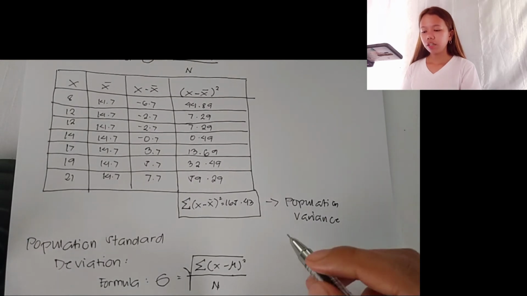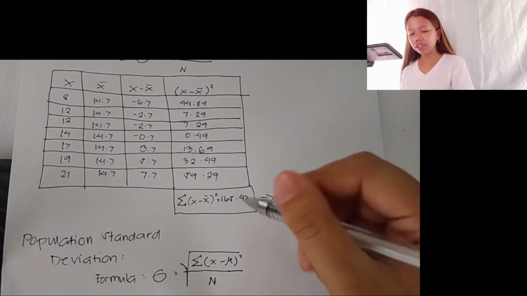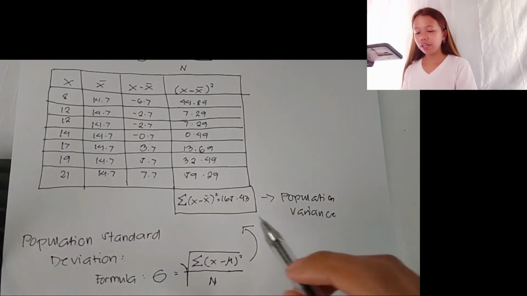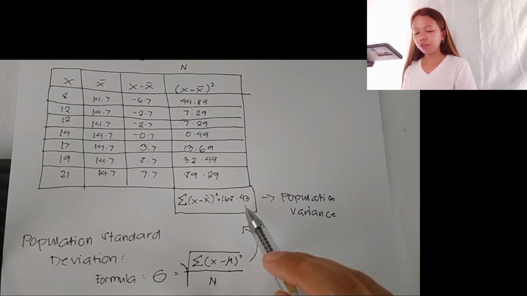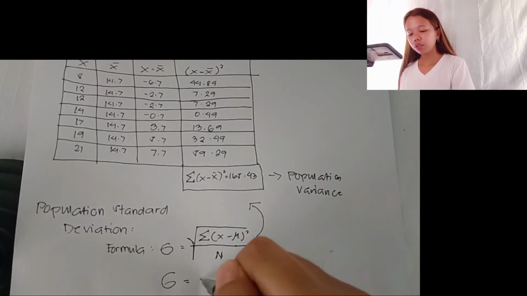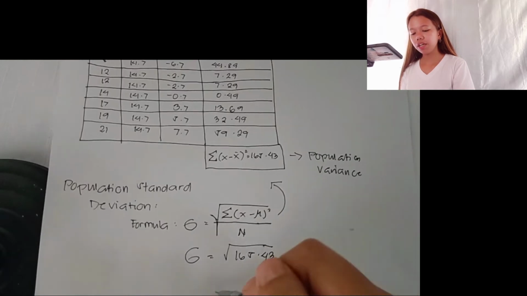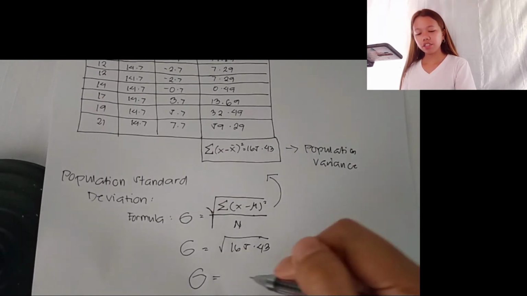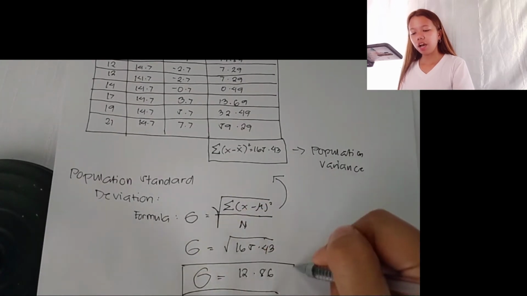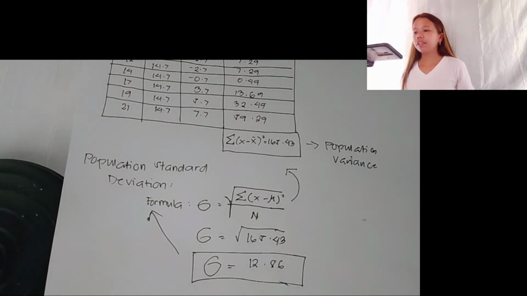So in short, we will just square root the 165.43. So the square root of 165.43 is 12.86. So this will be our population standard deviation.